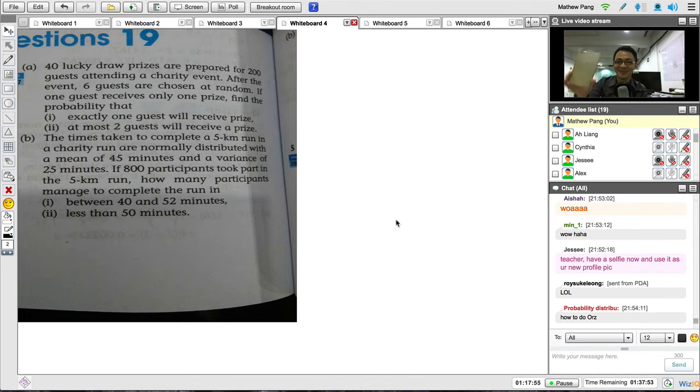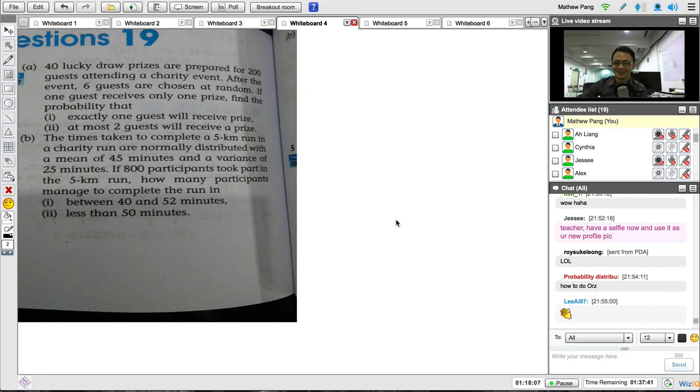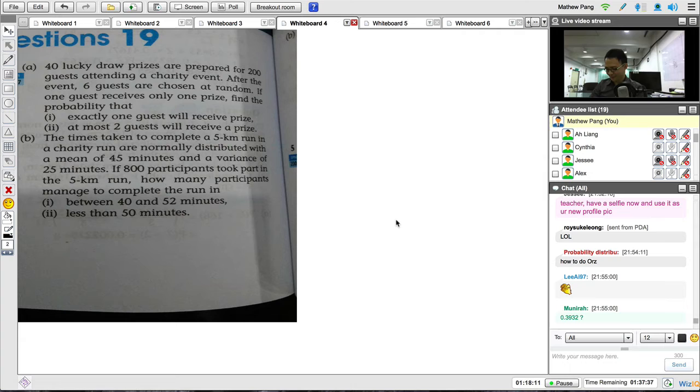Just go my gold color one. I'm not sure they still have battery or not. I hope they do. My god, don't tell me it doesn't give us a cable.